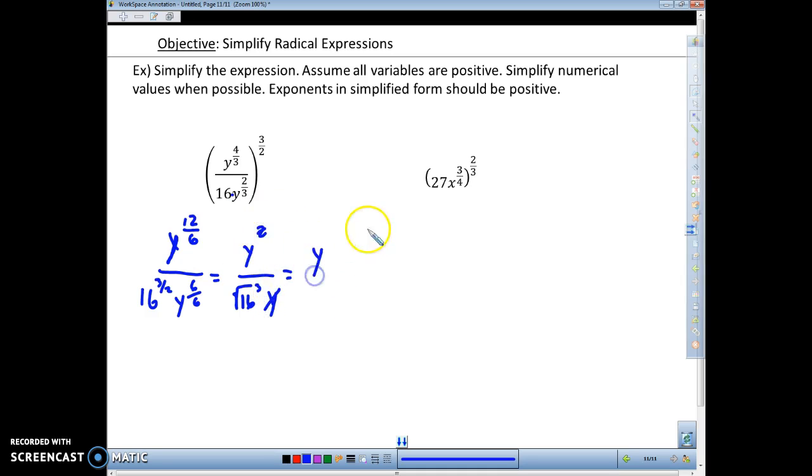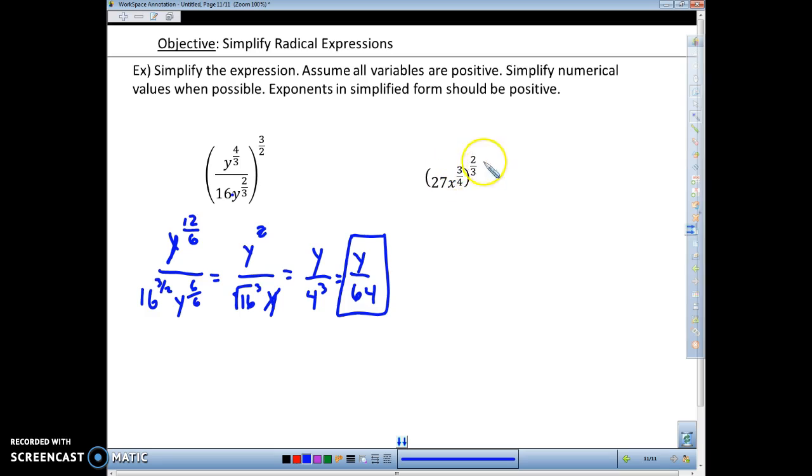So I have y over, well, the square root of 16 is 4 cubed, and this works out to be y over 64. So lots of steps here. Just remember your basic algebraic principles and the new properties that we've worked with, and everything works out.